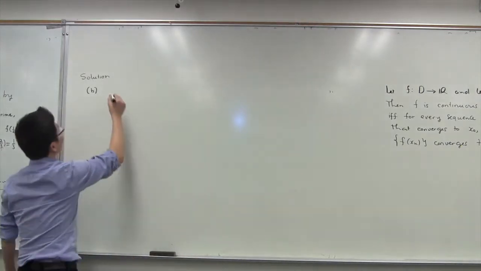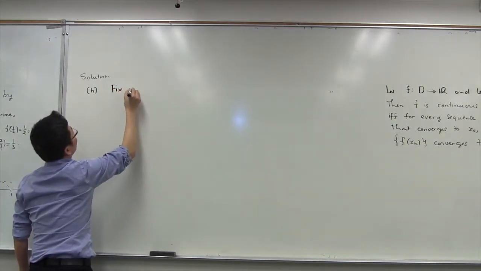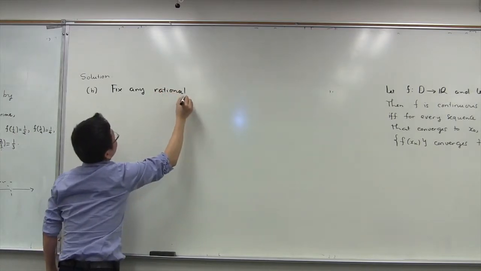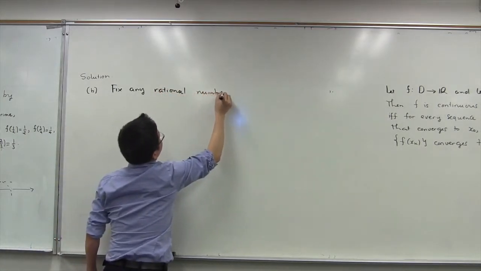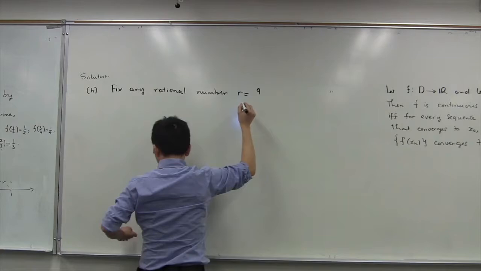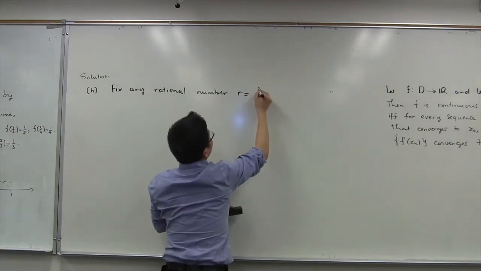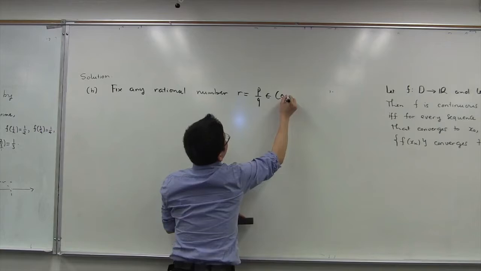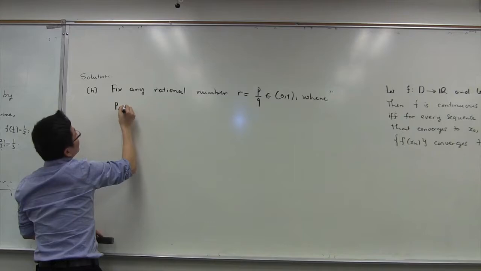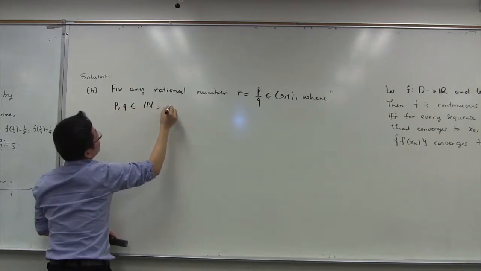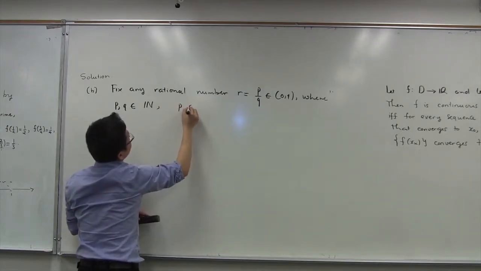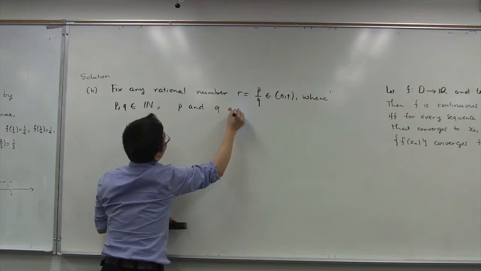So now we can fix any rational number r in the interval (0, 1), and r is written in the form p over q, where p and q are natural numbers, and p and q are coprime.